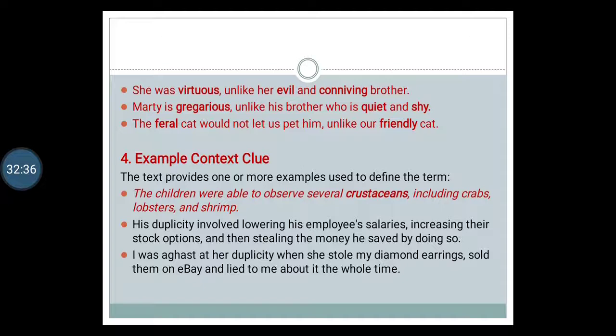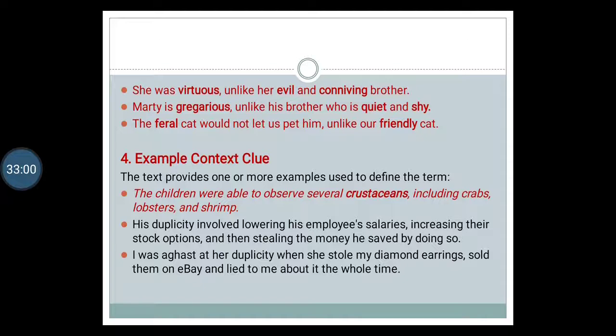and fix the wrong words. Now, the fourth context clue is what we call example context clue. The text provides one or more examples used to define the term. This is somehow like the first one, definition or explanation. They are somehow related.